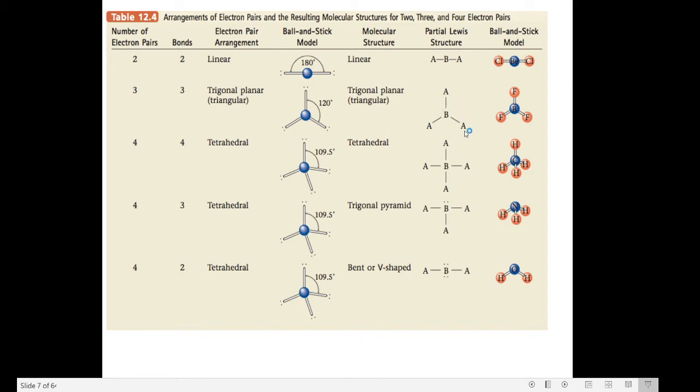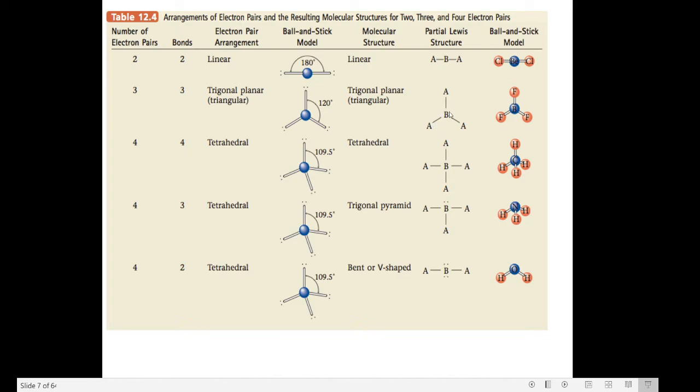Next one, if there is a triple, it is 3 bonded but 4 molecules. Here the first one is 2 bonds, 3 molecules, A, B, A. The count is 3, but there are 2 bonds.